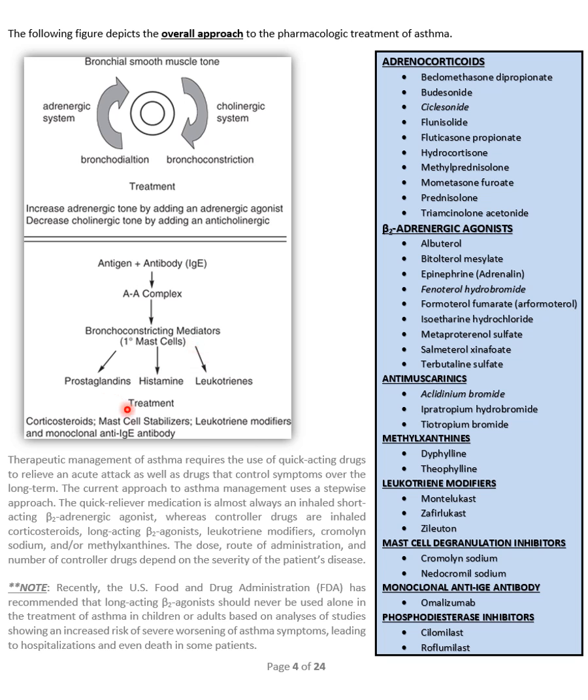Therefore the treatment options available could be preventing the binding of the antibody with the antigen, as we'll see with the anti-IgE antibody, or stabilizing the mast cells such that they do not release these. So we have mast cell stabilizers. Other options are to inhibit the synthesis or the binding of these leukotrienes to their receptor.